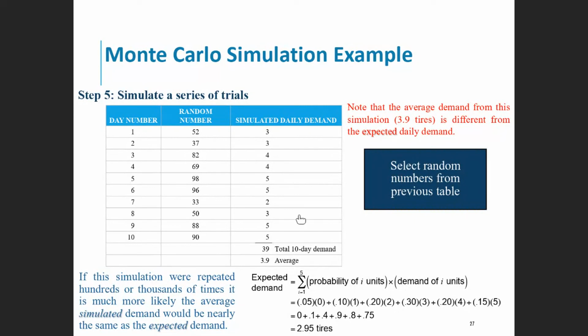If this simulation runs and is repeated hundreds or thousands of times, the average of the simulated demand, the 3.9, will be very close to the 2.95 tires, which is the expected demand based on the probability and the number of units.